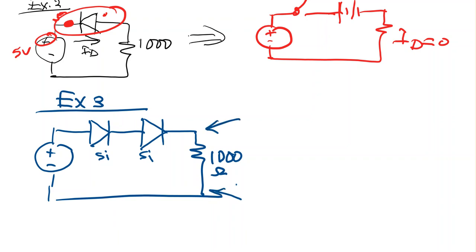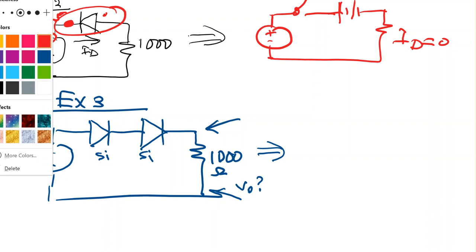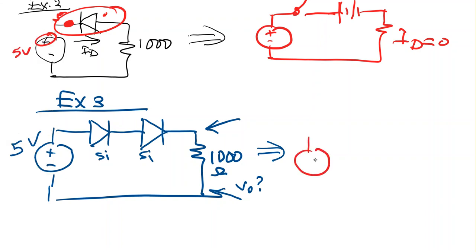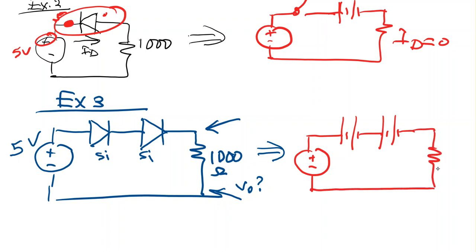What is V output? You can see that if this is 5 volts, then we can represent this as my voltage source, with 2 batteries that represent the thresholds, and then 1000 ohms.